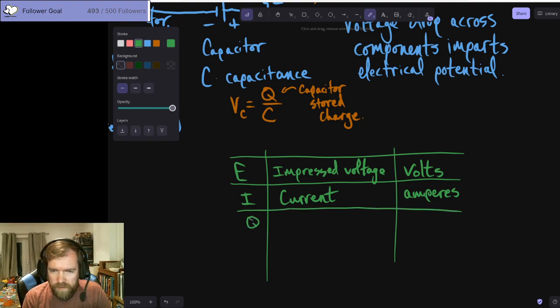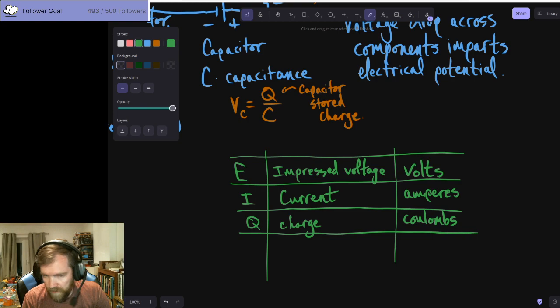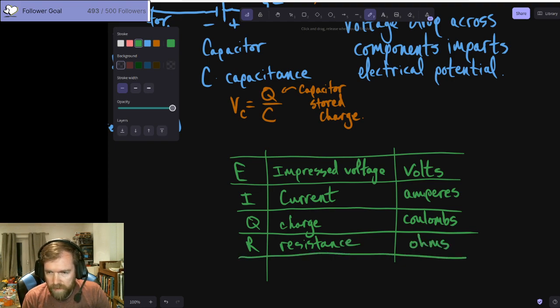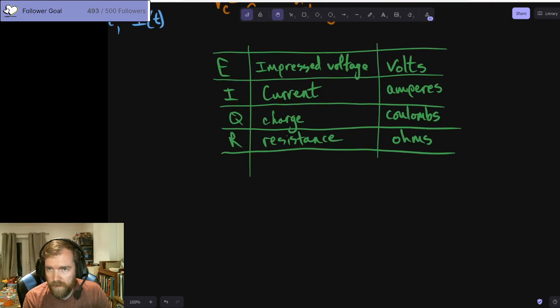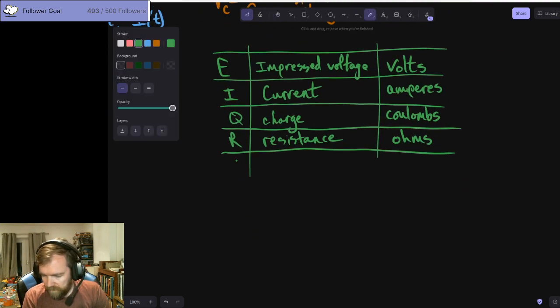Q is the charge, and that one's going to use coulombs. R is resistance, which uses ohms. L is our inductance, which uses henries.